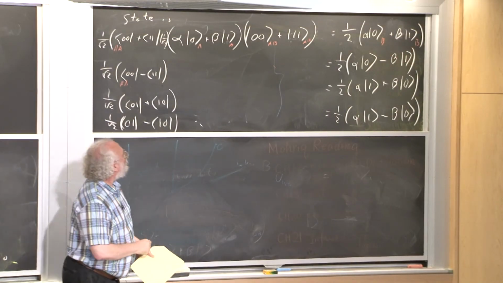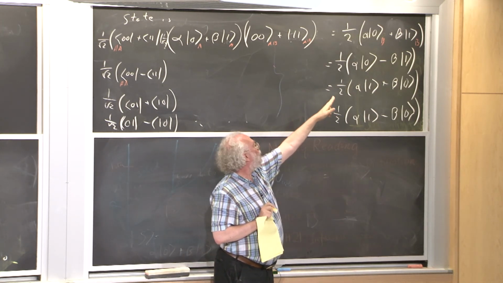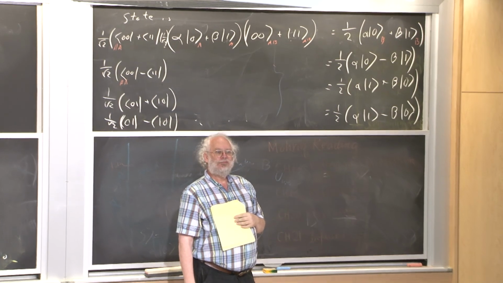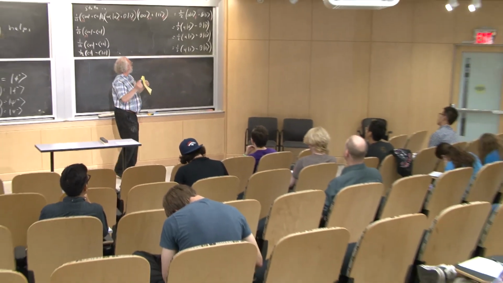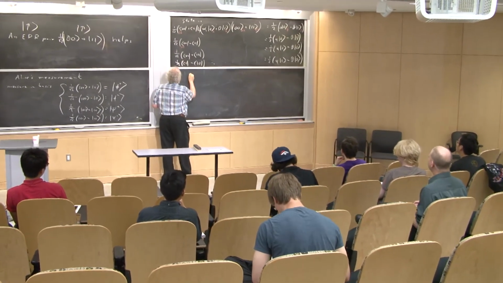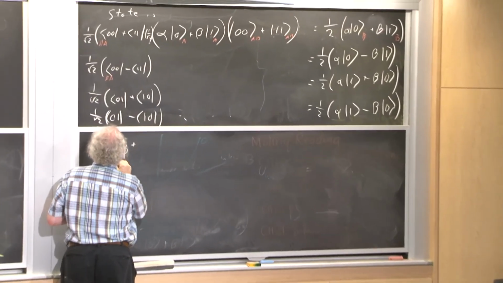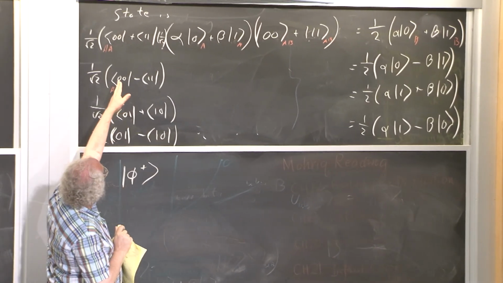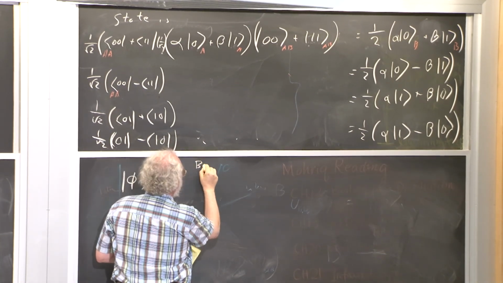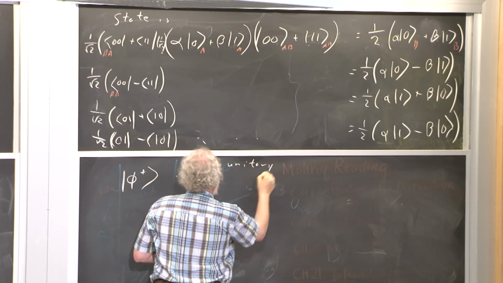So how do we correct? What do we do to this first thing, alpha 0 plus beta 1, to correct it? Anyone? Nothing. So if we get the outcome phi plus, which is the top thing there, Bob's unitary is the identity.